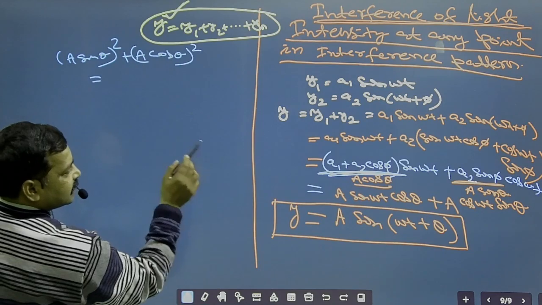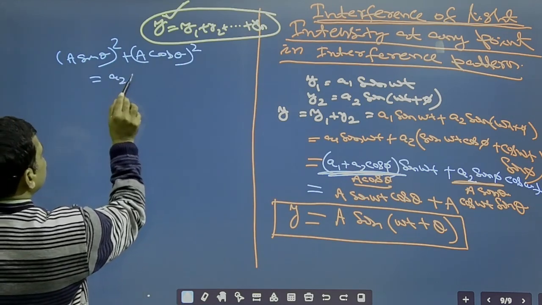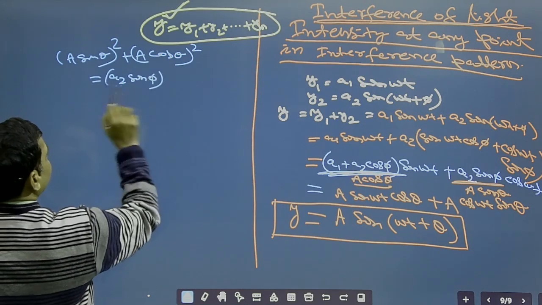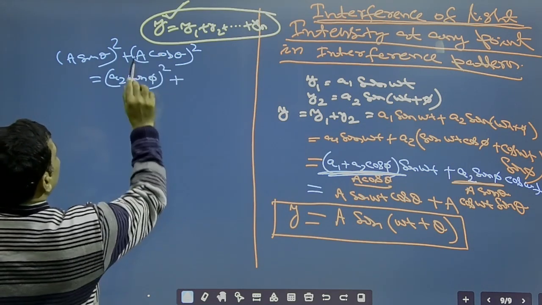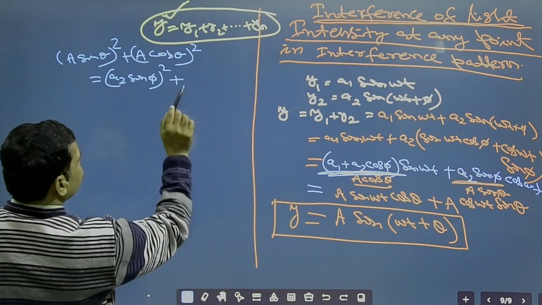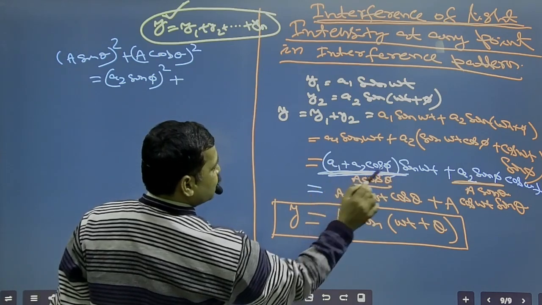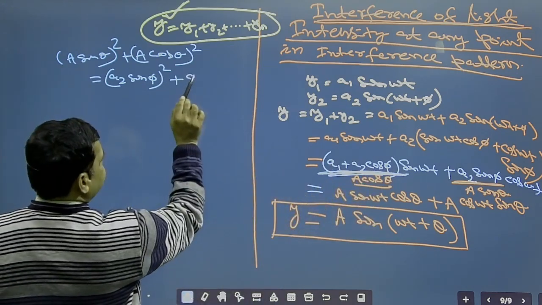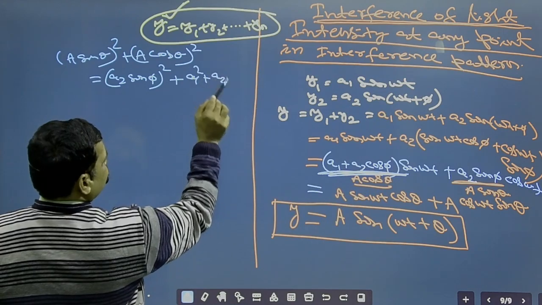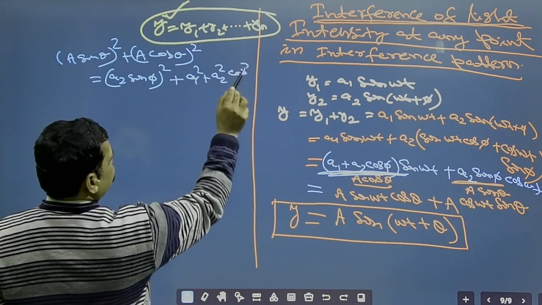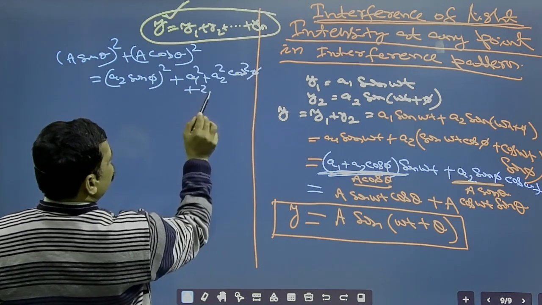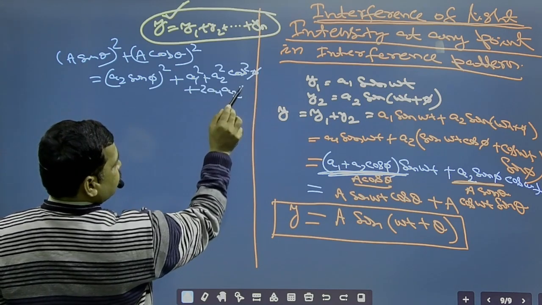For a sin theta I can write a2 sin phi, squared, plus for a cos theta I can write (a1 plus a2 cos phi) whole squared. This is (a plus b) whole squared, which will come as a squared plus b squared plus 2ab.